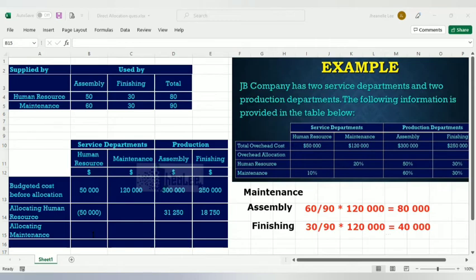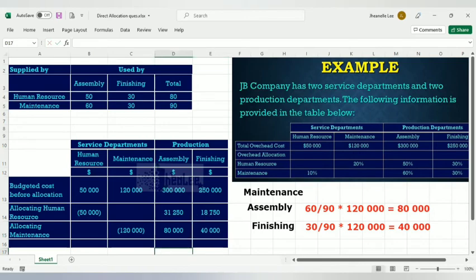Now we have that information. We can now enter that in our table. We are now going to show that our maintenance department, the 120,000, has decreased by that. So we're going to put that in brackets, 120,000, because remember, we're sharing this between the two production departments. Assembly based on calculation is 80,000, while for the finishing, that is 40,000.